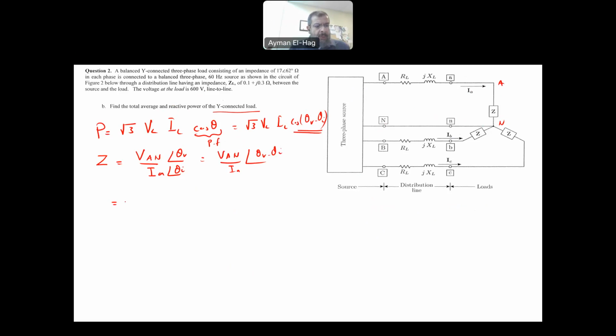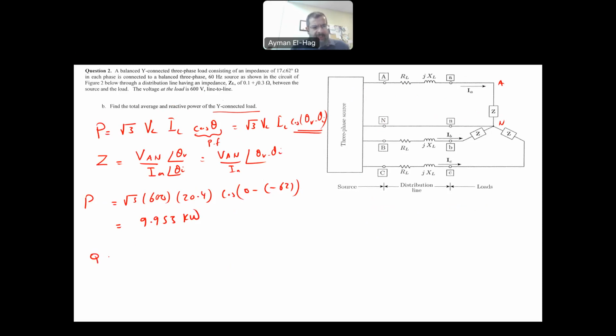So your load, P at the load, is equal to root 3. The voltage is 600, the line-to-line voltage. The line current is the same as the phase current, so the line current is equal to 20.4 cosine. The angle of the phase voltage is 0, the angle of the phase current minus 62, which is the angle of the impedance, as a matter of fact. And this will give me 9.953 kilowatt.